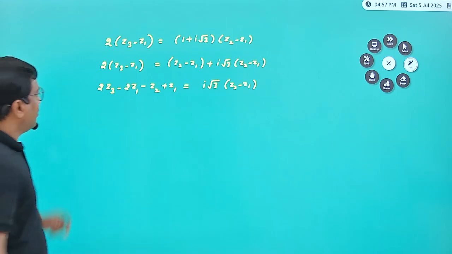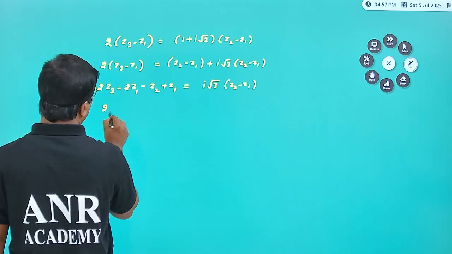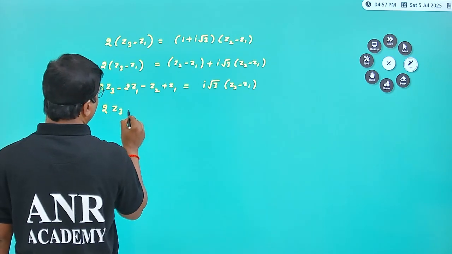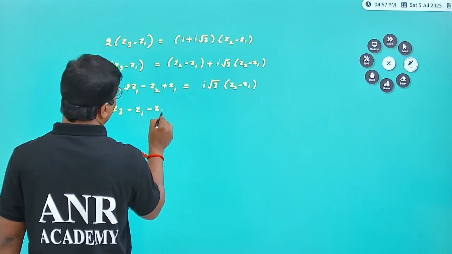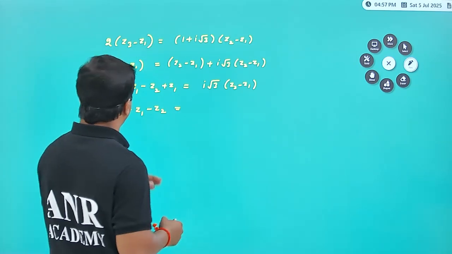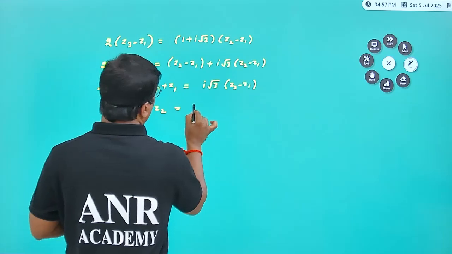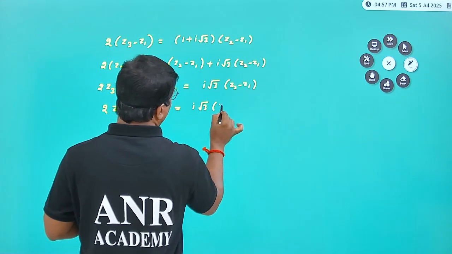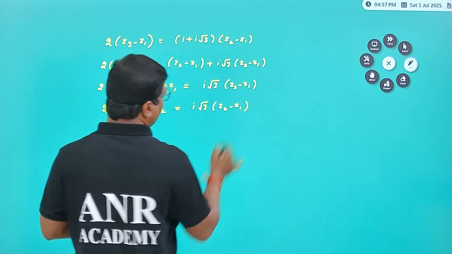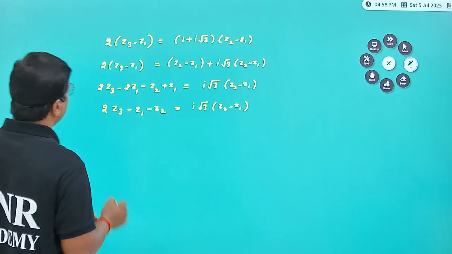And now on simplification it becomes 2 times of Z3 minus Z1 minus Z2 gives the result iota root 3 multiplied by Z2 minus Z1. Now apply square on both the sides.